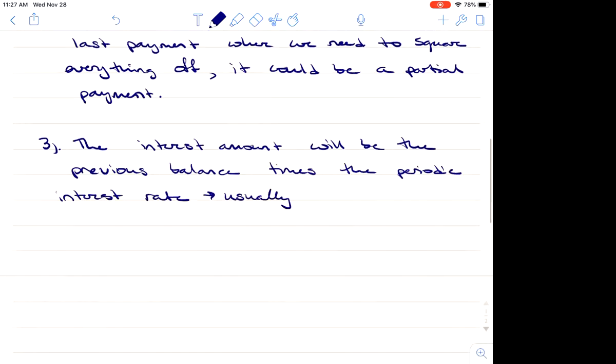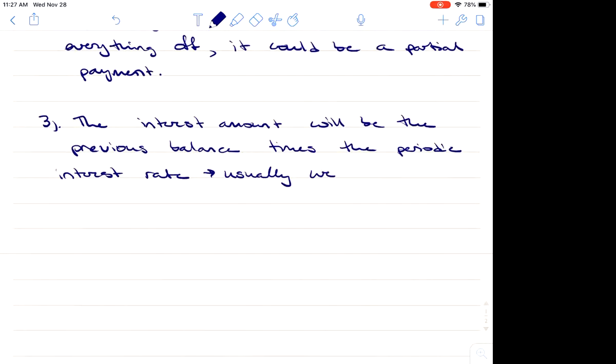Usually we have to find I2, because our interest is compounding at some frequency, just like before, and we're making payments at some payment frequency. So we have to find I2 so that the compounding frequency and the payment frequency match again.